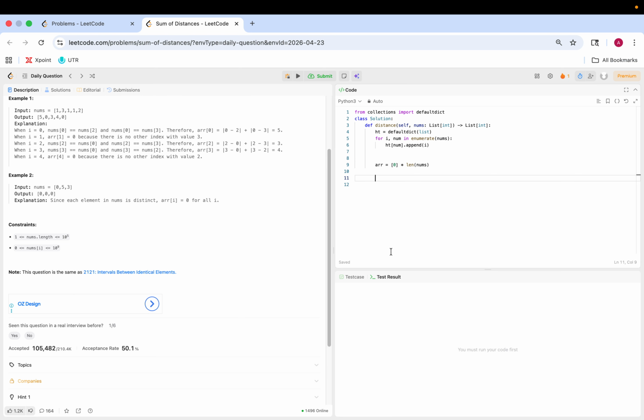All right, here we go. For the distinct element k in ht, for each distinct element, if the length of ht at k, that particular list of positions, is equal to 1, if there's only one thing, then continue. We've already set things to 0, so I shouldn't have to do anything. Otherwise, we will process the numbers using this formula.